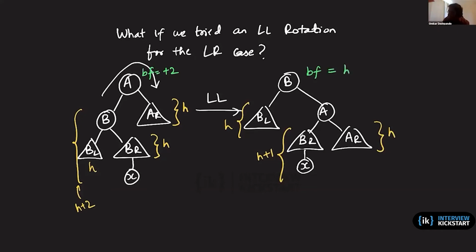On the left side, we have a subtree of height H. On the right side, we have a subtree of height H plus 2. Still violated. So that's why an LL rotation won't fix things.